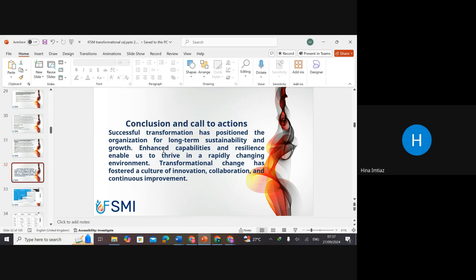And this transformational change enhances the capability and resilience which enable us to thrive in a rapidly changing environment. And this type of transformational change has fostered a culture of innovation, collaboration, and continuous improvement as well. So, what do you say, guys?